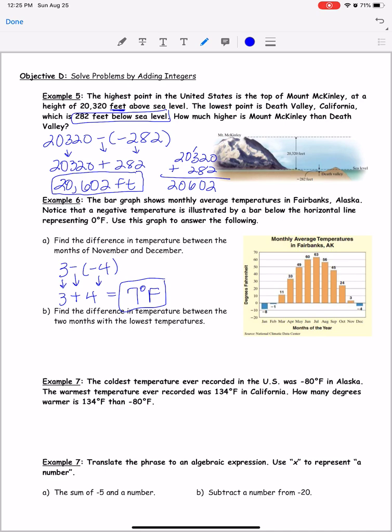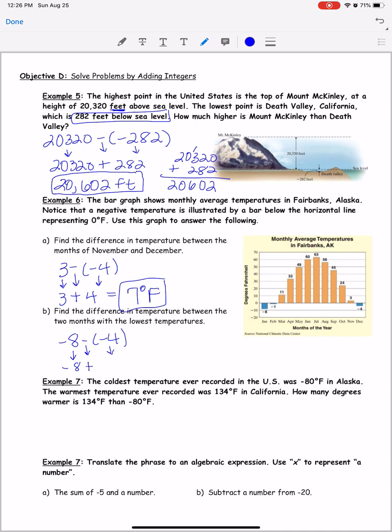B says find the difference in temperatures between the 2 months with the lowest temperatures. So my lowest temperatures are -8 January and -4 December. And so again, difference means subtract. So that means we've got -8 minus a -4. So keep your first number, -8. Change your subtraction to addition.